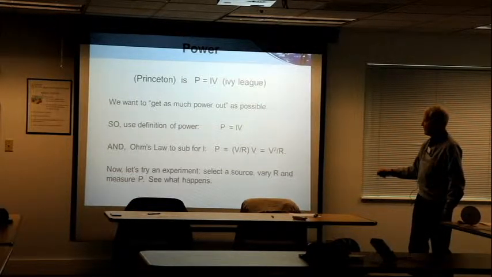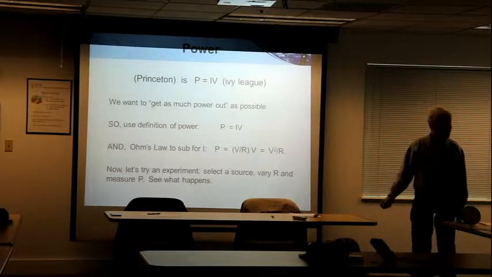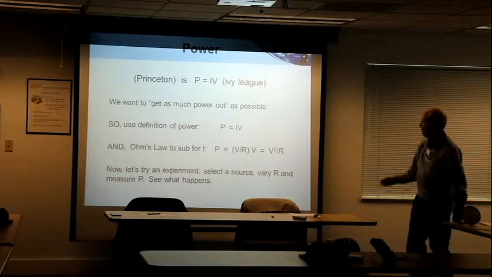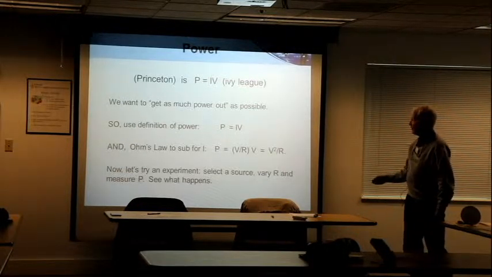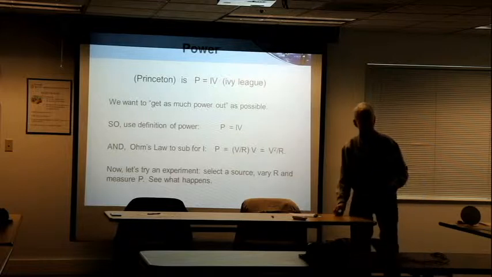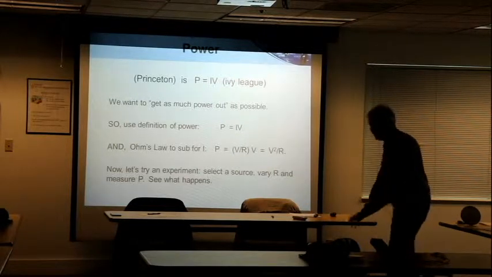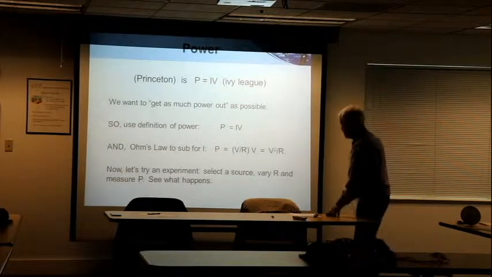Substitute for the current I, substitute the quotient V over R. And thus, thank you, Henry, the product of V squared, V times V over R, would give us the power in the resistor that we're going to apply it to. So we'll do an experiment with that.